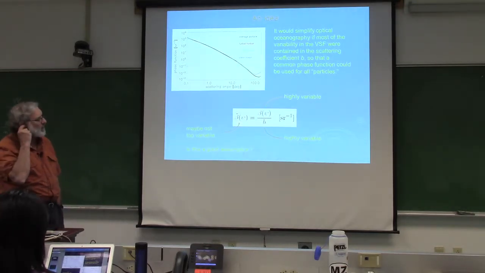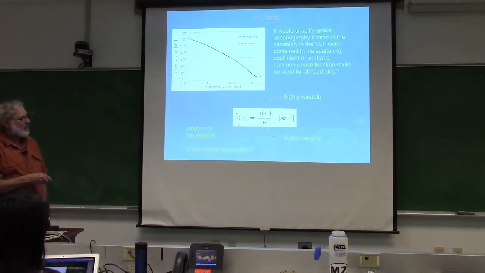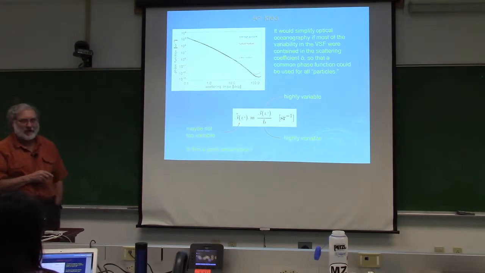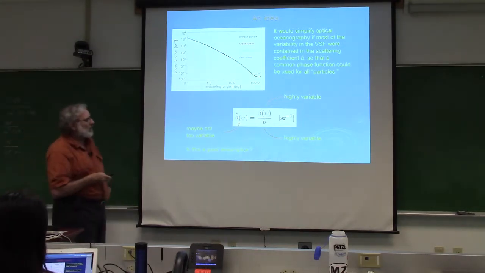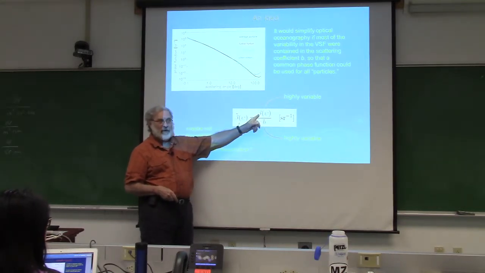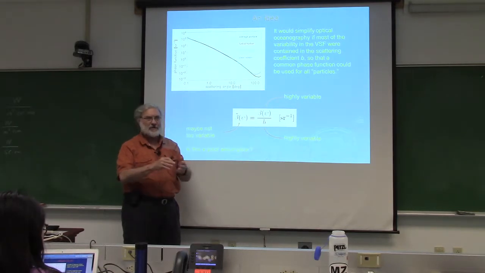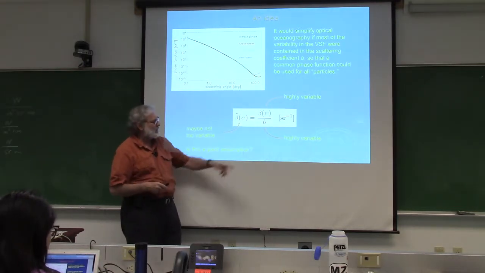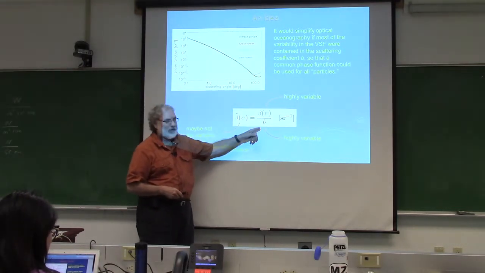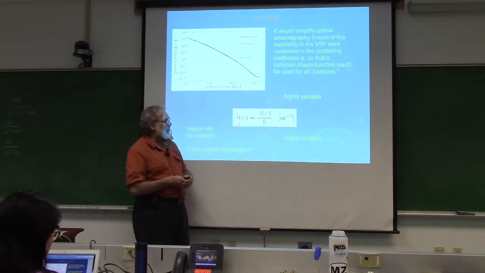Okay, so here's an idea. Let's go back to the definition of the phase function, VSF divided by the scattering coefficient. Now you say, okay, look, I know these volume scattering functions are highly variable. They're going to depend strongly on the concentration of the particles by at least a couple of orders of magnitude. I know the scattering coefficient is highly variable, and once again depends on concentration of the particles.